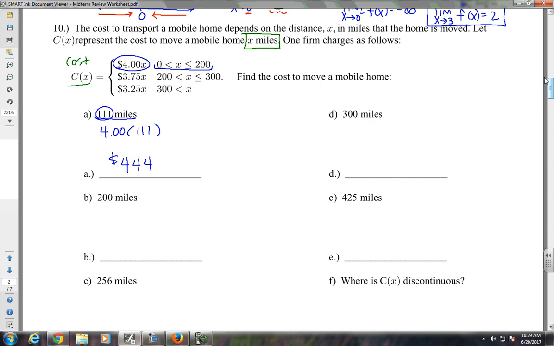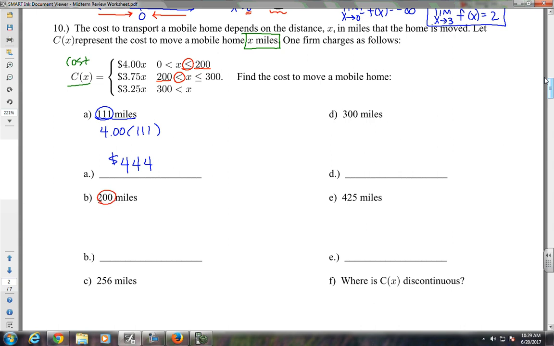Okay? Question B is a similar technique. We have to figure out where this x value fits in the appropriate restriction. So this time we're looking at x equals 200 miles. Now in the piecewise defined function I have 200 in two places. But notice on that first line I have this inclusive inequality that says x can equal 200, whereas on the second line 200 has to be strictly less than x.